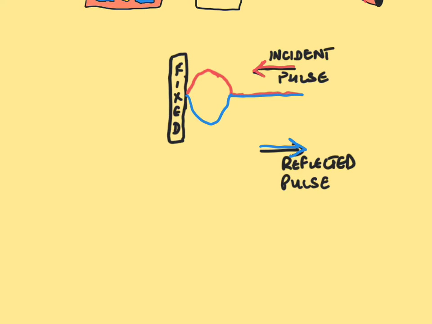And at the fixed point here, it is not free to move, and this is something that is called a node. Now, if it were free to move, it would just bounce back. It would not invert. It would bounce back as it approached the incidence, and the reflected pulse would have the same pattern.